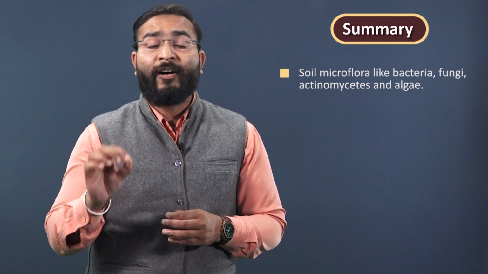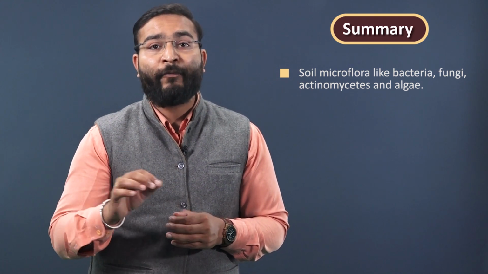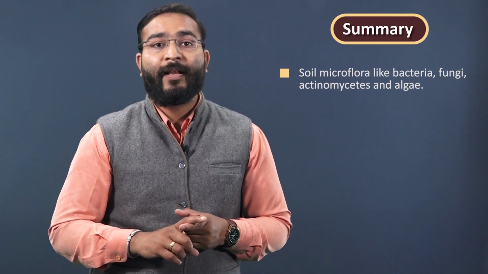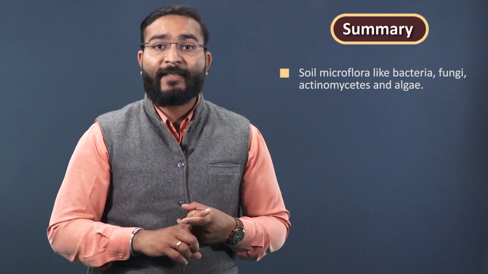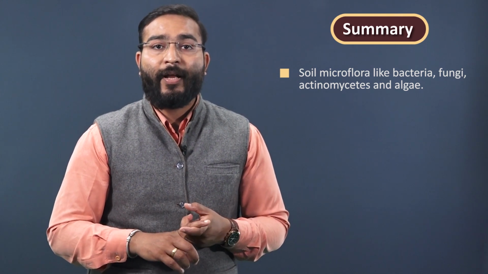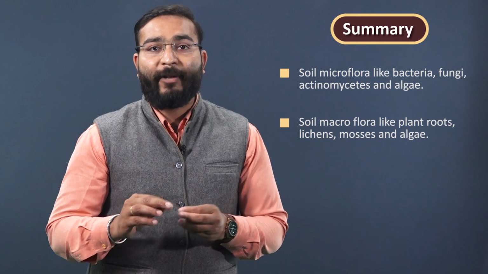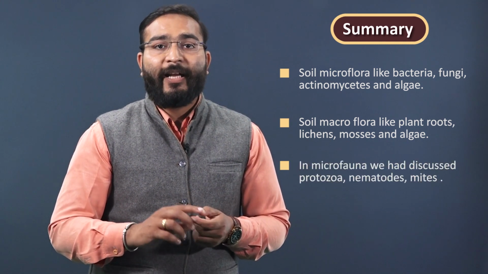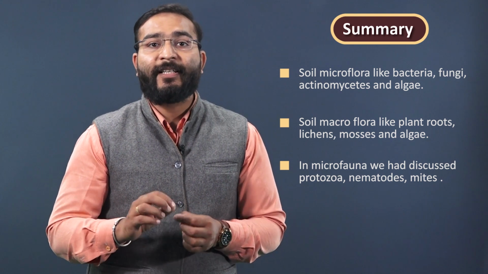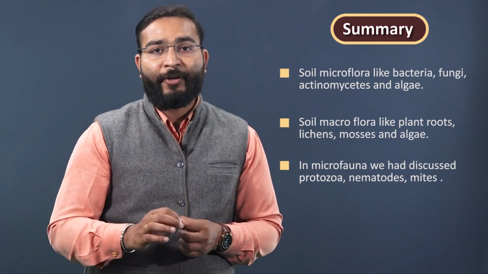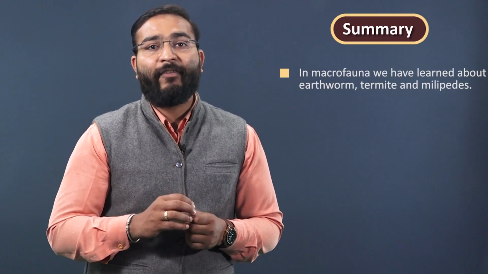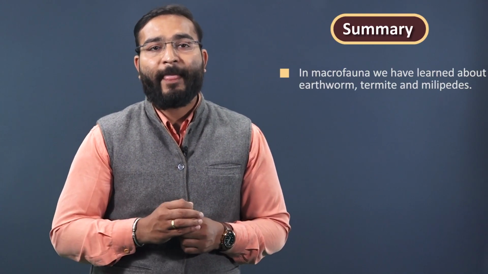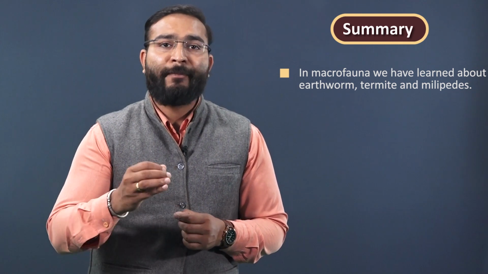This session also throws light on soil microflora like bacteria, fungi, actinomycetes and algae, and soil macroflora like plant roots, lichens, mosses and algae. In microfauna, we discussed protozoa, nematodes and mites. Likewise, in macrofauna, we have learned about earthworms, termites and millipedes.